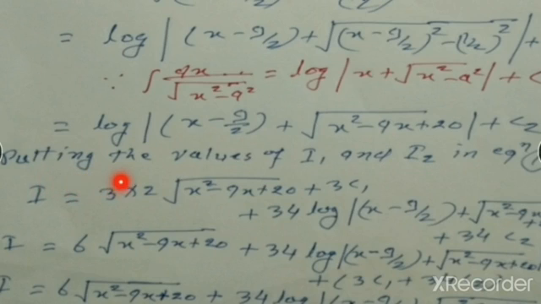Putting the values of I1 and I2 in equation first, which we represented earlier, we get I is equal to 3 into 2 root x square minus 9x plus 20 plus 3 c1 plus 34 log absolute value x minus 9 by 2 plus root x square minus 9x plus 20.